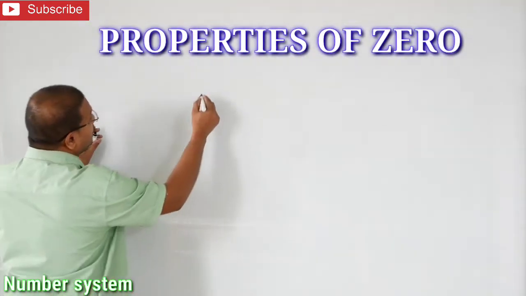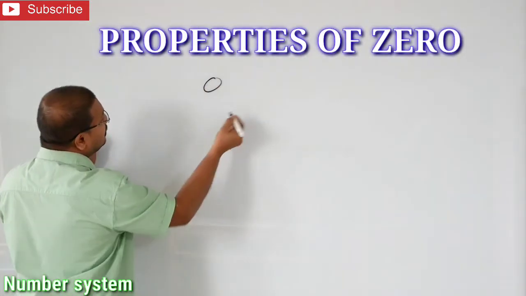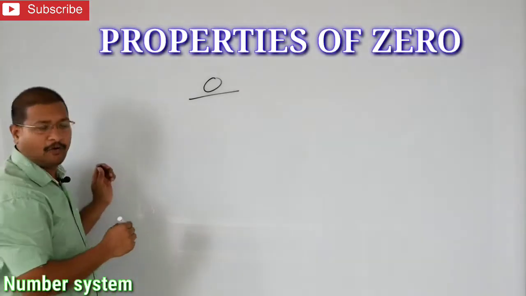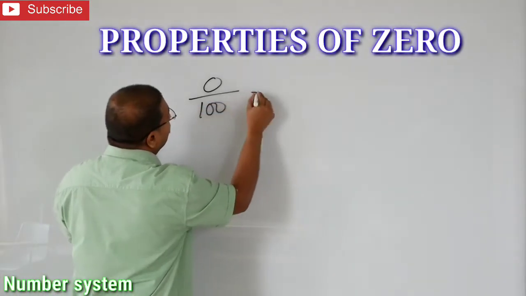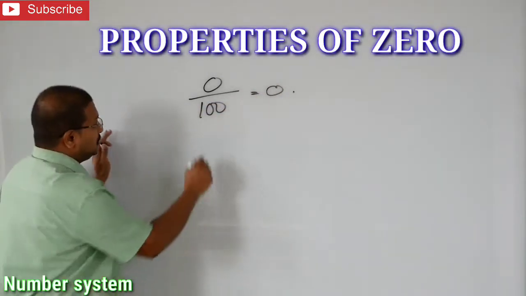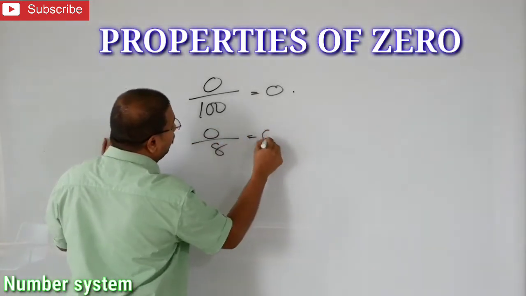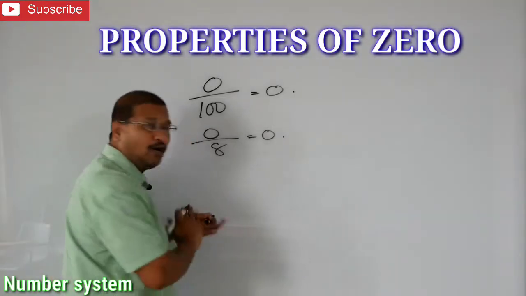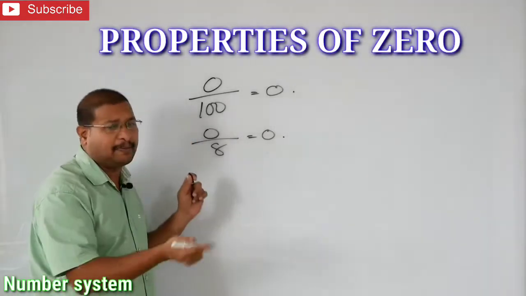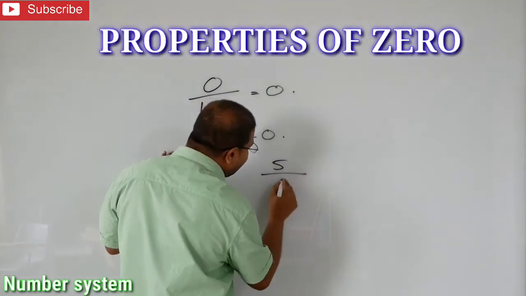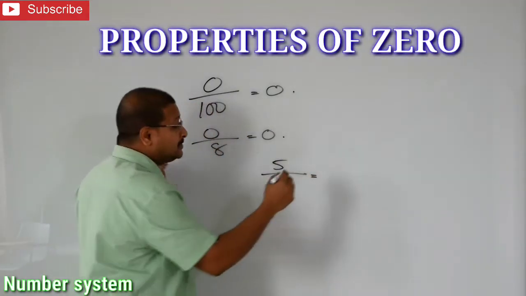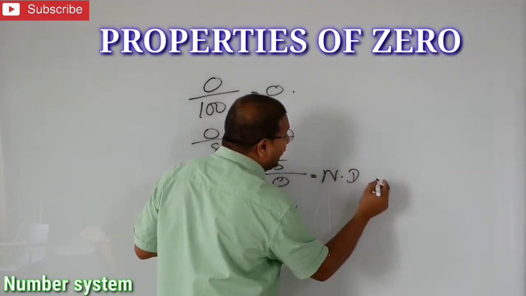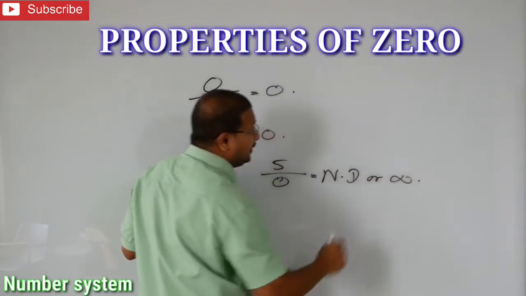We know that 0 by any number, 0 by 100 if I write, you will get only 0. 0 by 8 you are going to get only 0. So, 0 by any number you will get only 0. Now, let us see any number divided by 0. That means 5 divided by 0 if I write, the answer will be not defined or you can write infinity.